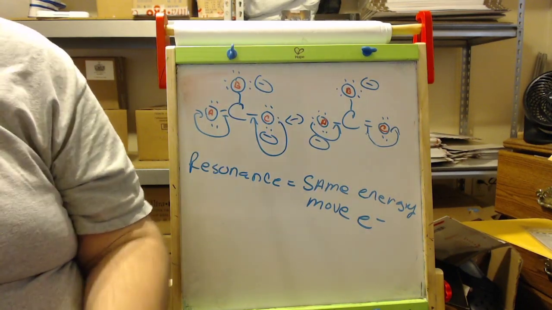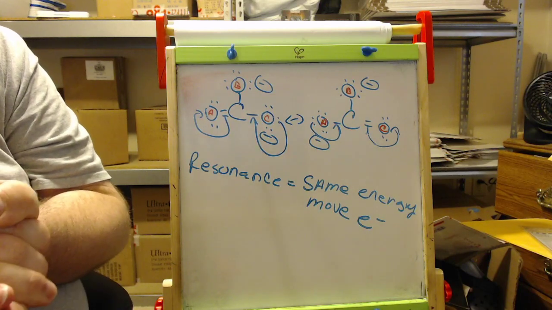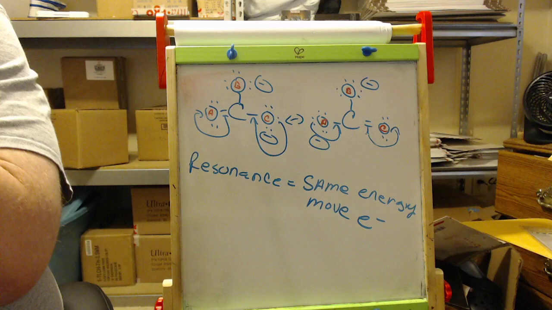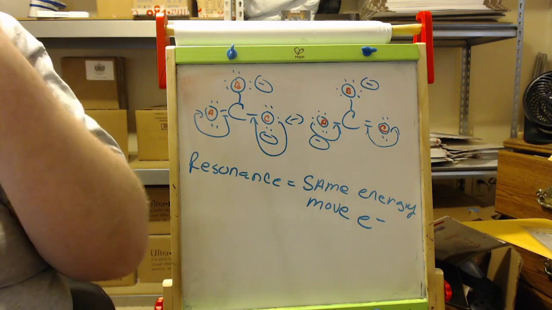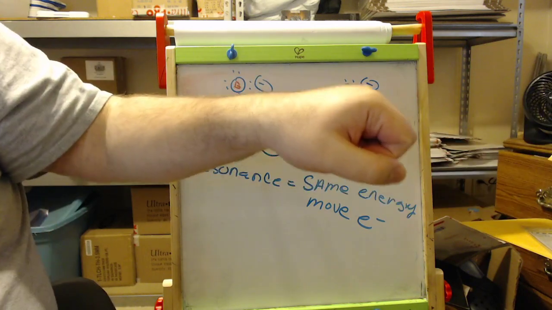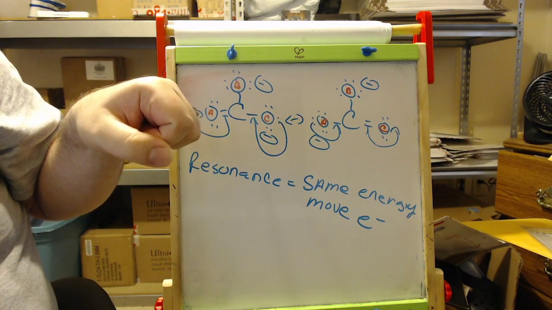Well, since the electrons are constantly moving, and we know that bond length is directly related to how many bonds we're making. The more bonds we make, the shorter the length. A single bond is longer than a double bond, and a triple bond is even shorter than a double bond.